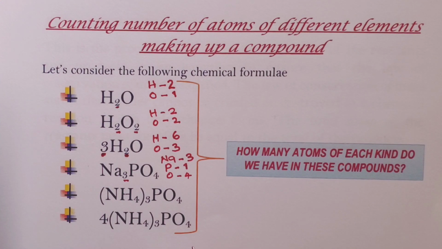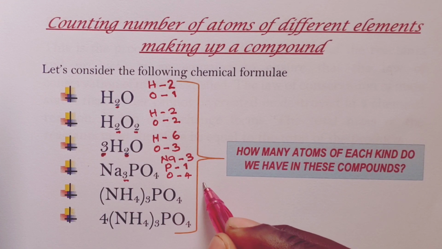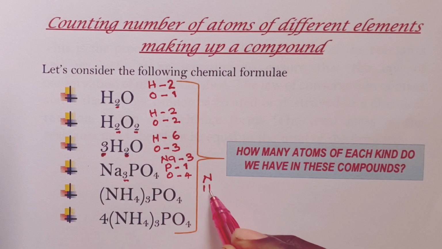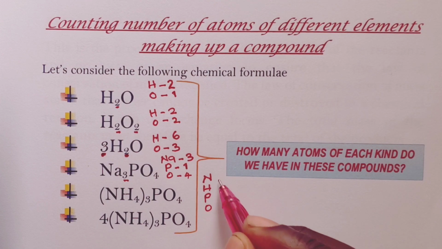Learners, let's now have a look at the effects of a bracket by looking at the 5th formula that we have here. So the elements present in our formula are 4. We have nitrogen, we have hydrogen, we have phosphorus, and there is oxygen.